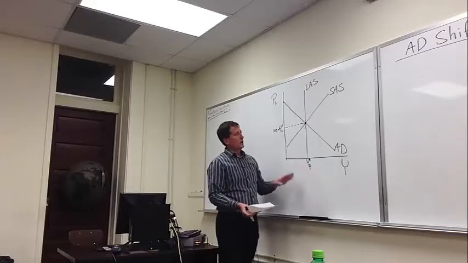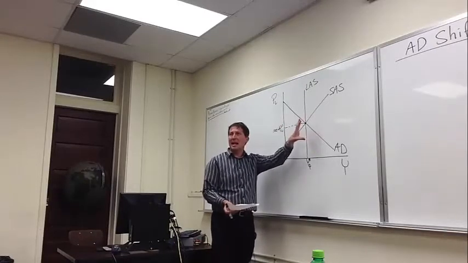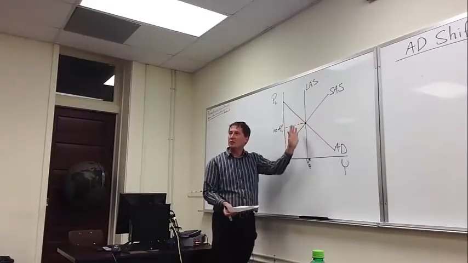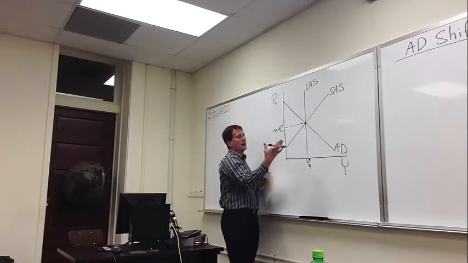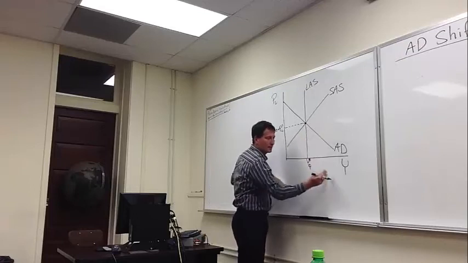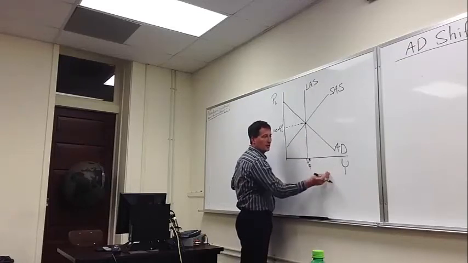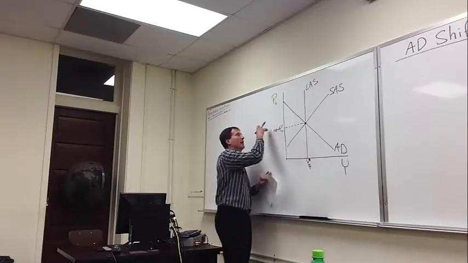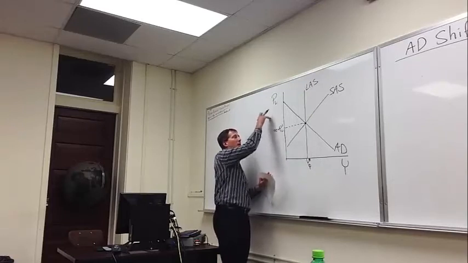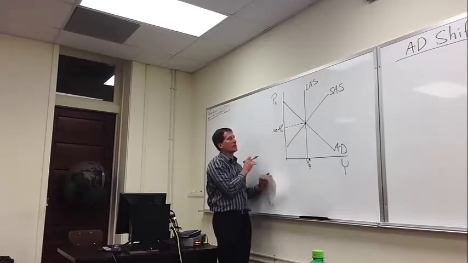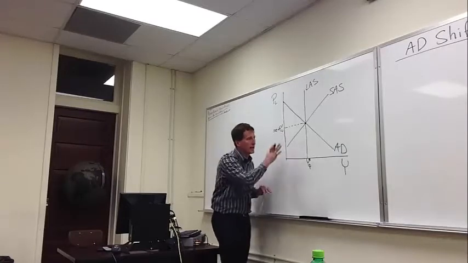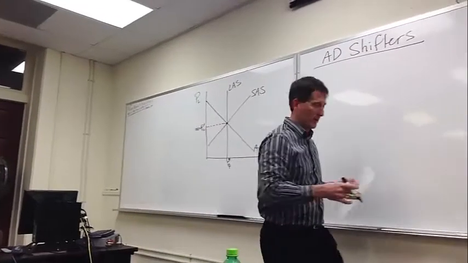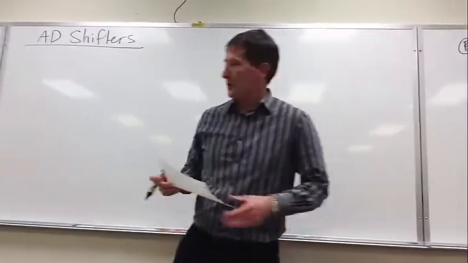And so the fun is going to happen when things change. And that's where these shifters come into play. Certain things are going to cause economic growth in the form of real GDP, and may as well also cause increases in the price level, which is ultimately inflation. So that sets the stage for these aggregate demand shifters.